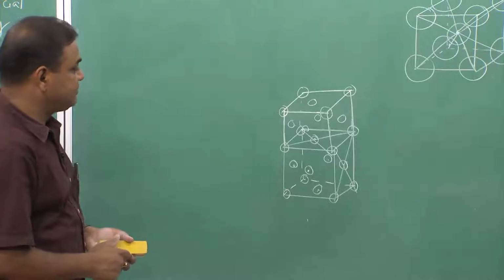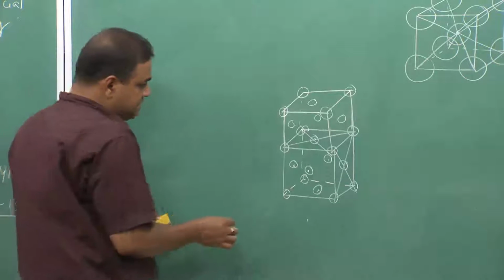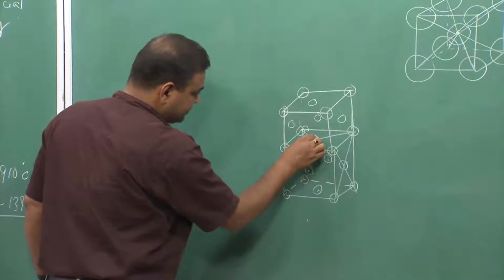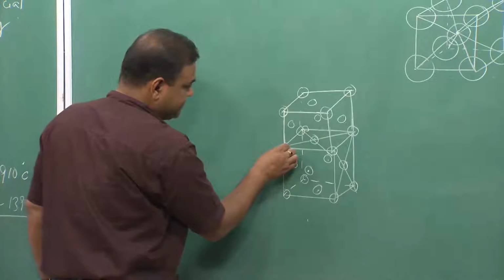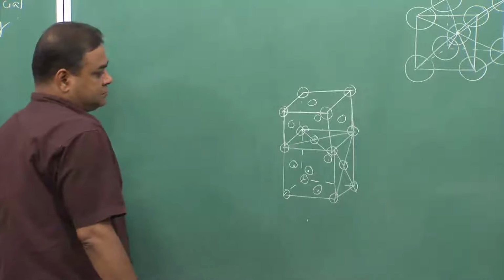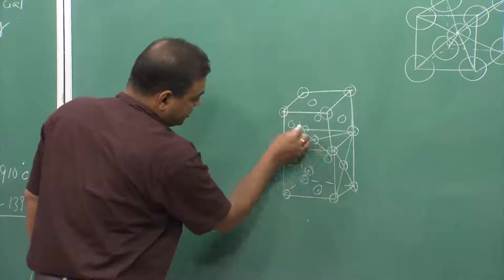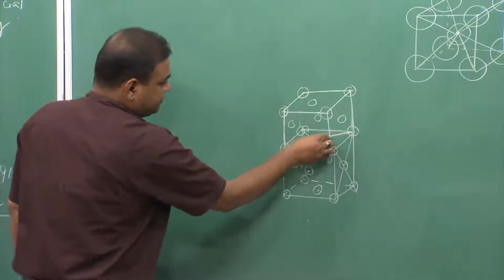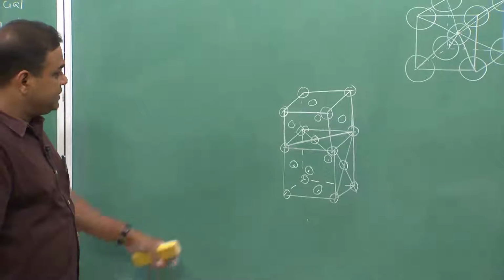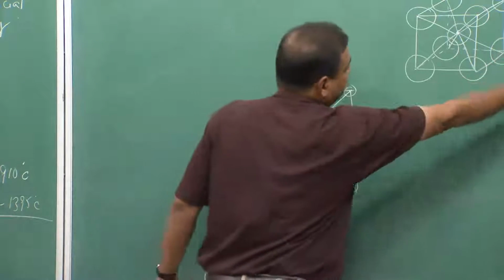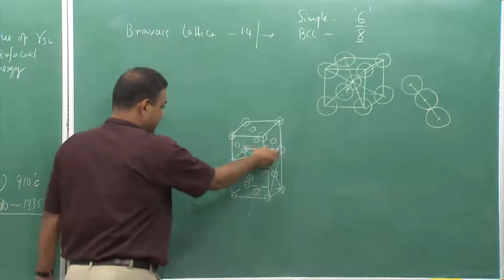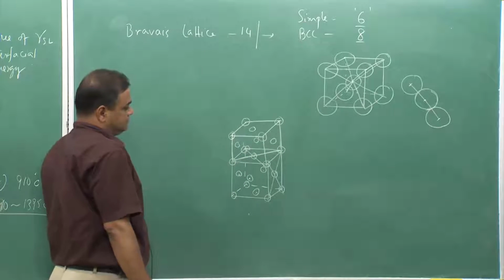Now, in this case, the nearest neighbor would be this center atom of the top face and this atom. So, these three atoms are joined together. Similarly, the corner atoms like this. So, this is the face diagonal, and here three atoms are joined together along the face diagonal.